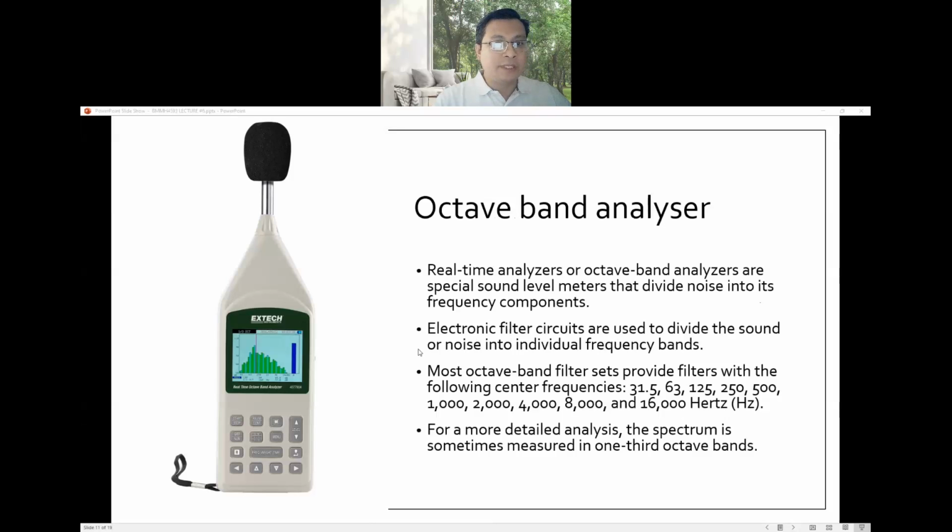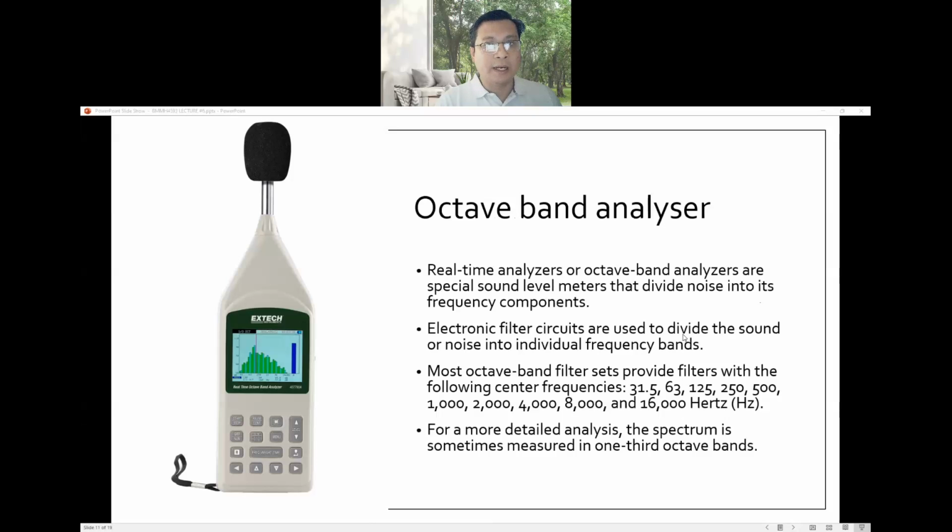As mentioned in the previous class, I actually explained about the octave. We have several octaves, maybe eight octave frequencies, as the slide explains. Each octave has a frequency range.